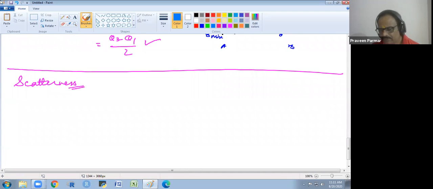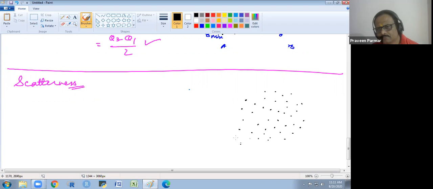Now we talk about the scatterness. I will explain this scatterness first. These are the data points we have.